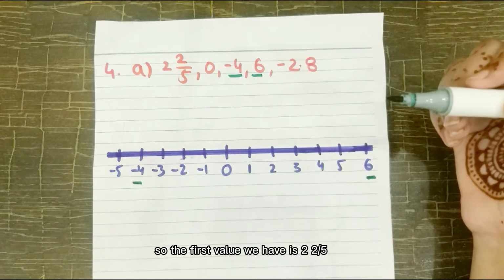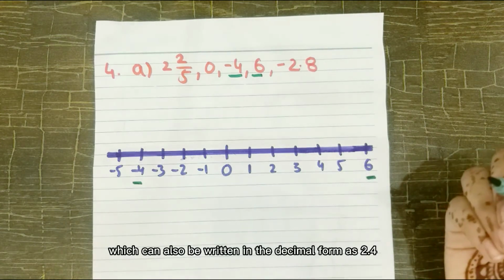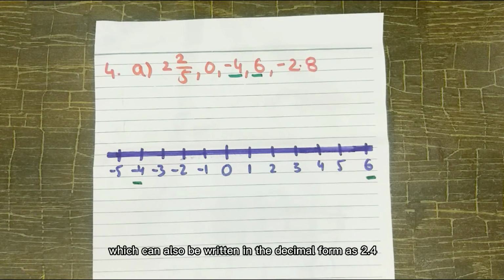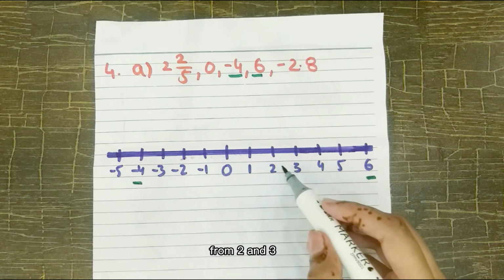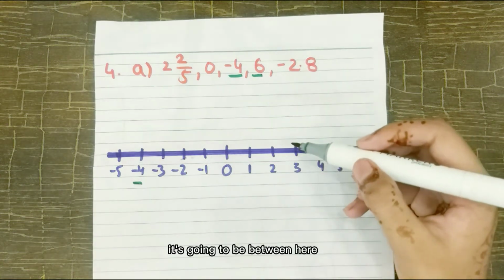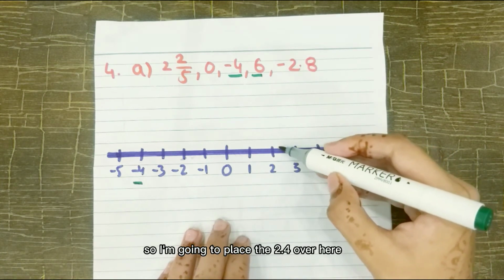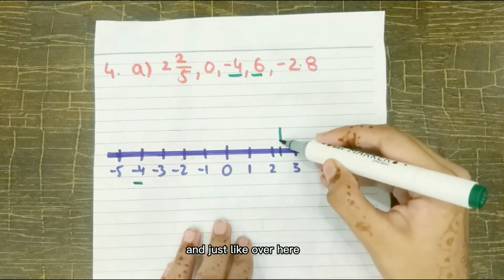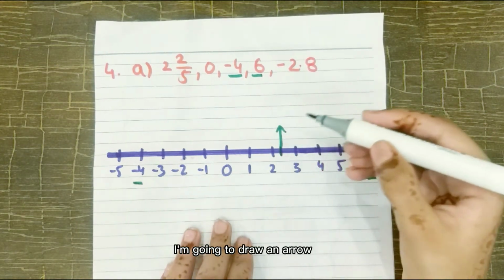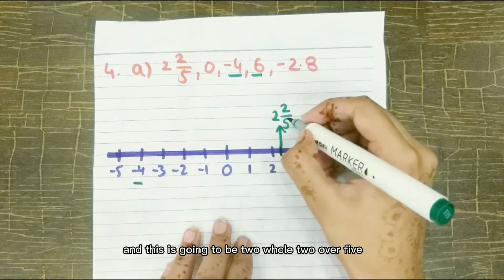The first value we have is 2 whole 2 over 5, which can also be written in decimal form as 2.4. So it's going to be somewhere between 2 and 3. Now as you can see, the half is 2.5. So I'm going to place the 2.4 over here, and I'm going to draw an arrow, and this is going to be 2 whole 2 over 5.